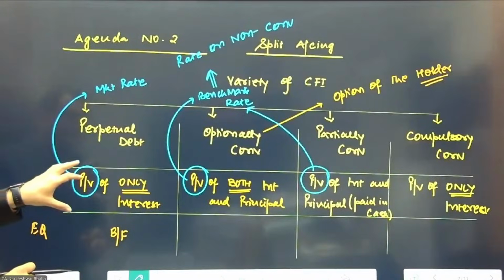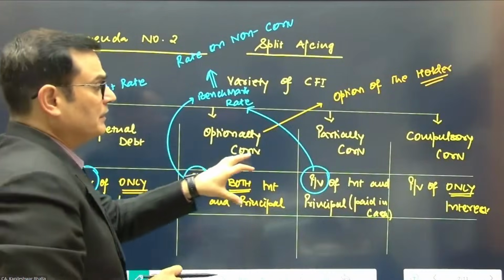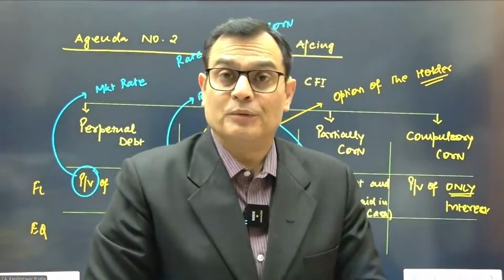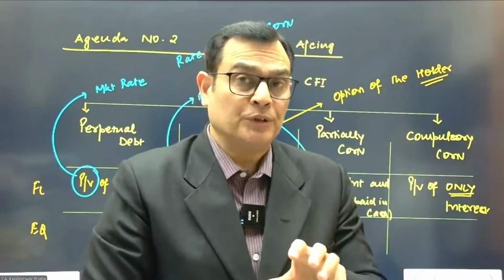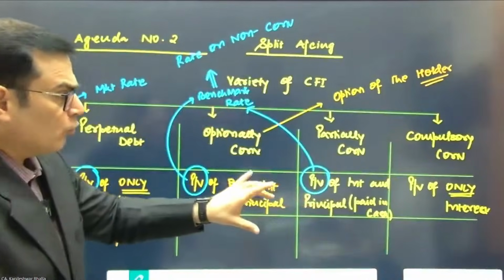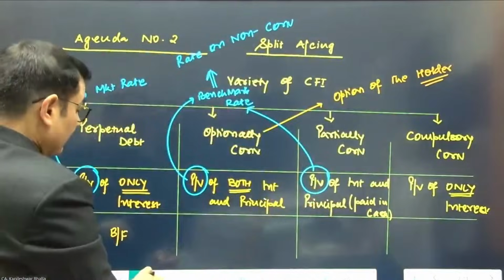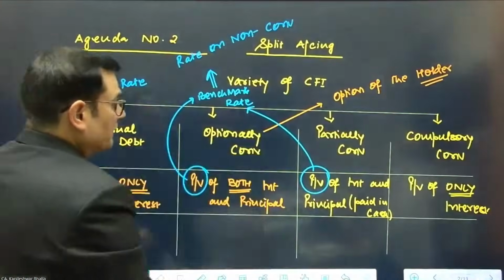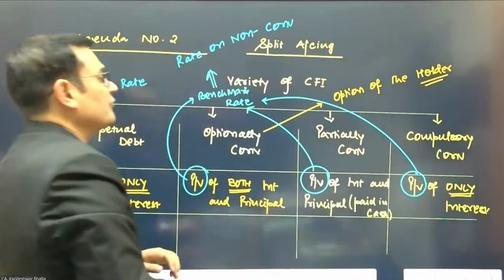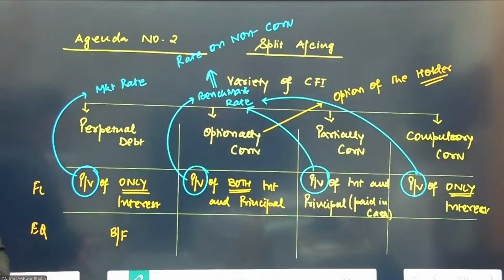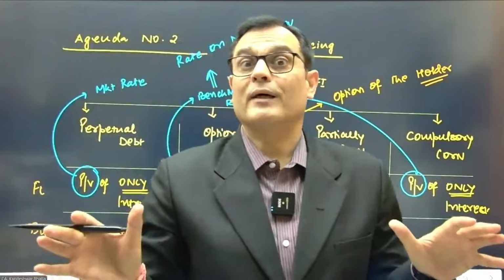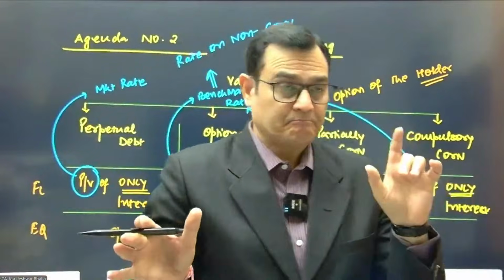So what element enters the financial liability calculation? That needs to be very, very clear in your mind. Do we take the interest and the principal both? Do we take the principal only, the portion which is paid in cash? All those elements need to be clear. And even in this particular case, when you consider the present value, this is again the concept of a benchmark rate itself. Now I'm just penning down all the thoughts consecutively, one by one at a single place.